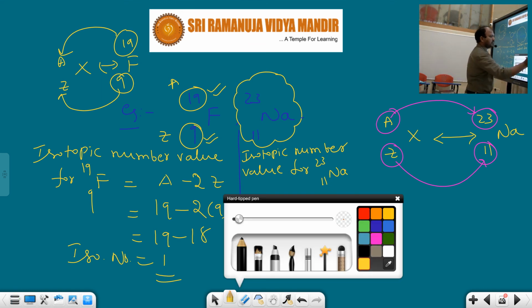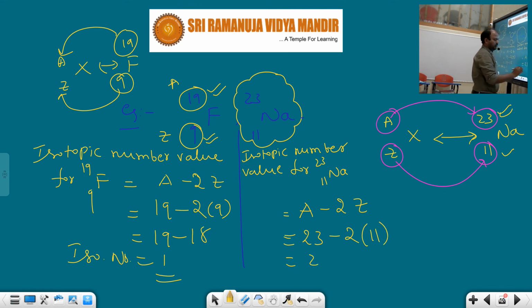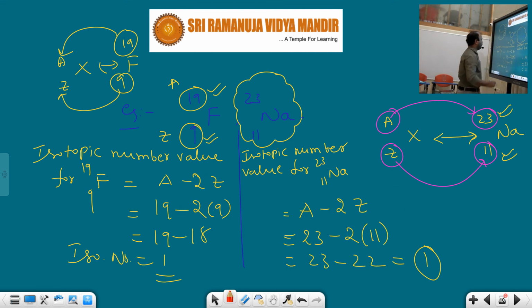Using the formula A minus 2Z, mass number minus double the atomic number: 23 minus 2 into 11, that is 23 minus 22, is equal to 1. Here you should observe the isotopic number value for fluorine 19, 9 is 1.